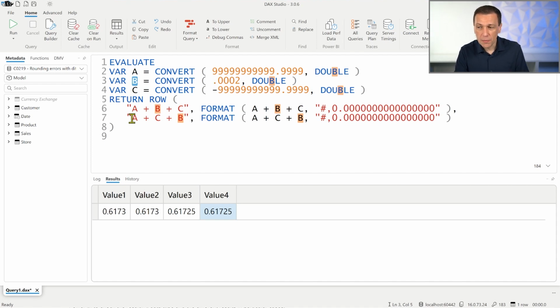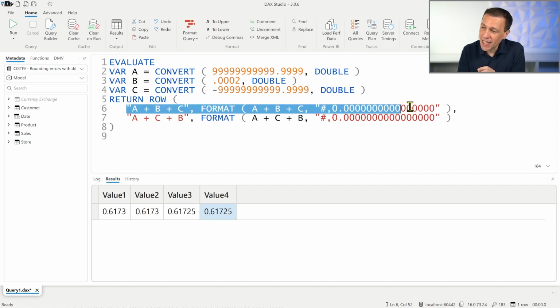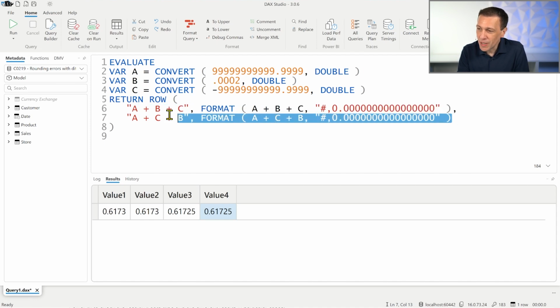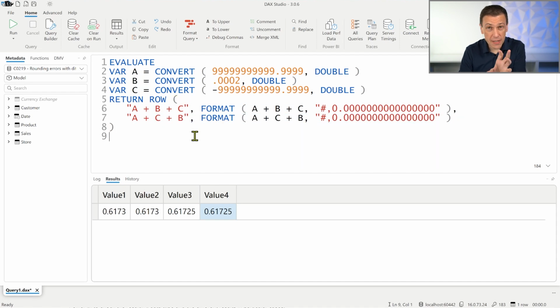Whereas if I do this operation saying I subtract C, I do A plus C, and so I subtract the same value, the result should be 0 at this point, and then I sum B, then I keep the maximum accuracy. So my expectation is that the number I obtain in the first column could be different from the number I obtain in the second column, because we're using a row with 2 columns. Okay, so this is the expectation.